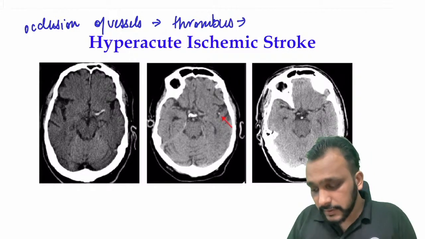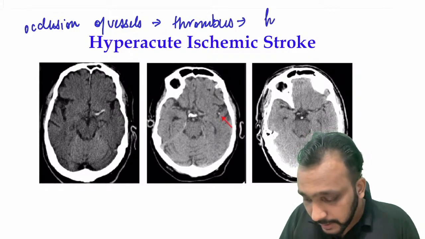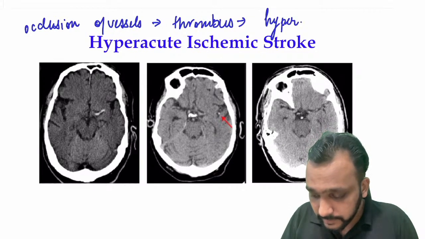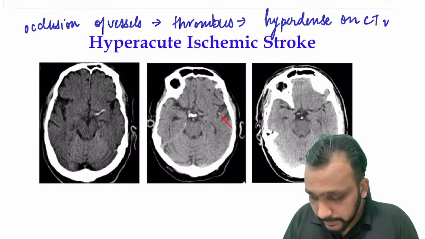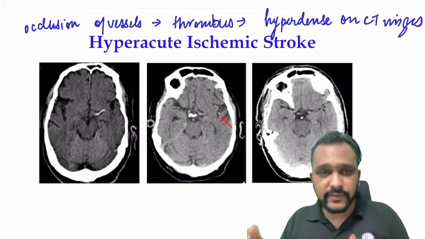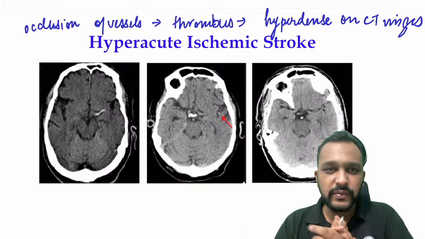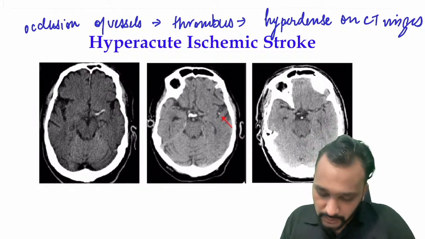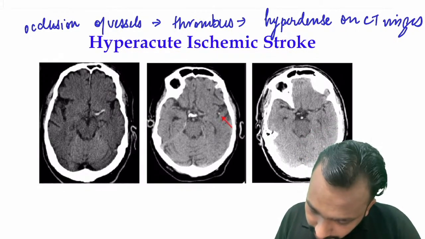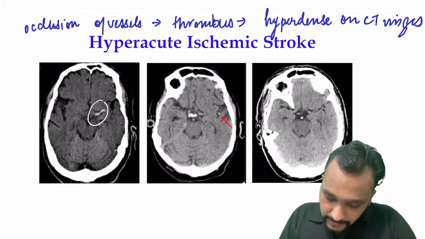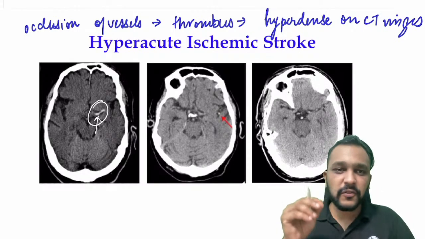Now this thrombus appears hyperdense on CT images. So if there is a stroke that is involving the MCA, we will see hyperdensity in the region of MCA.